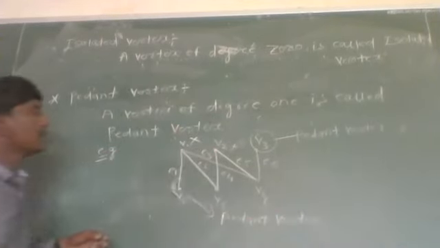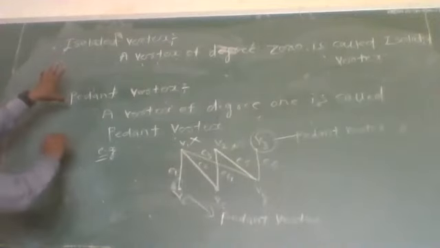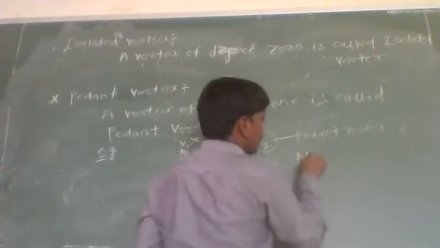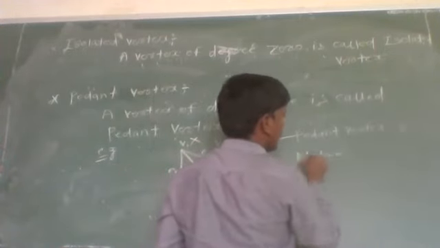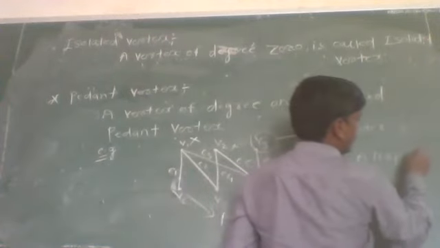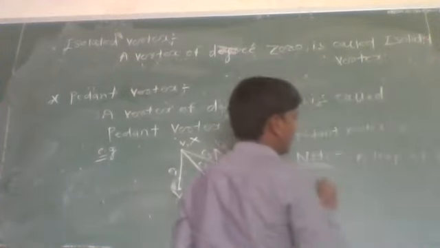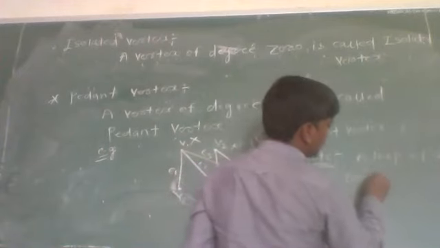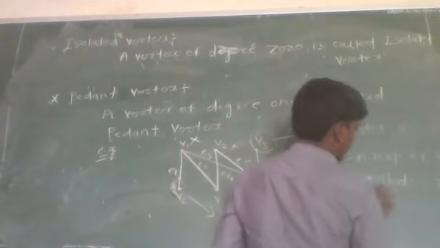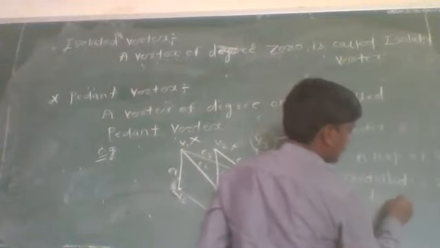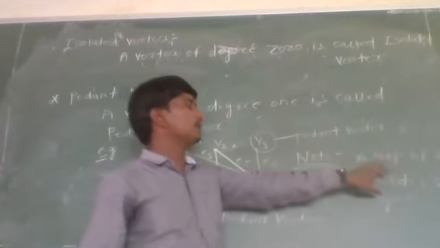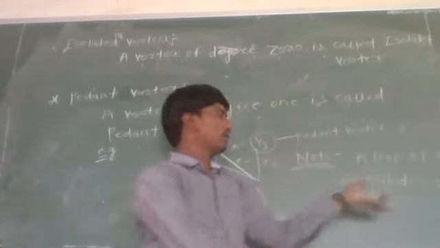Now, we have seen what is a loop. So, we note that a loop of a graph contributes 2 to the degree, that is, the degree of a loop is always 2.